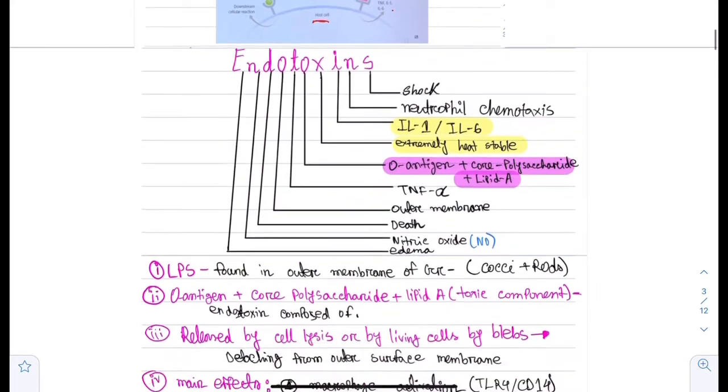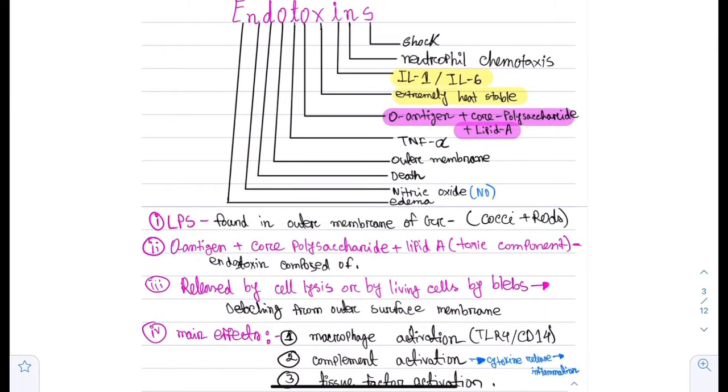And the last thing is it has nitric oxide. And the main important thing we need to know is that endotoxin causes edema.